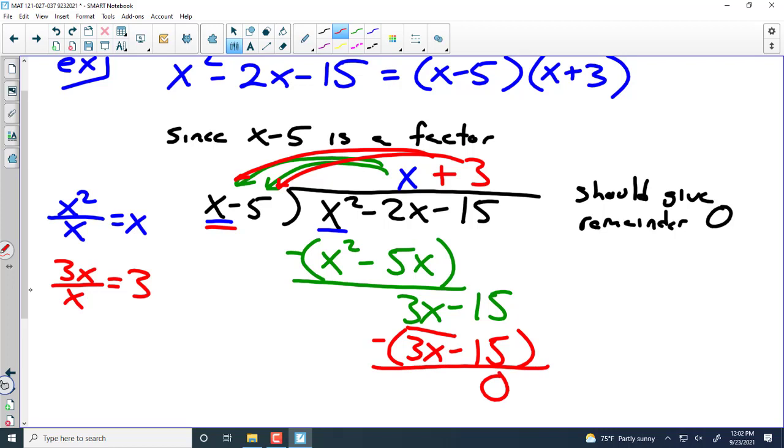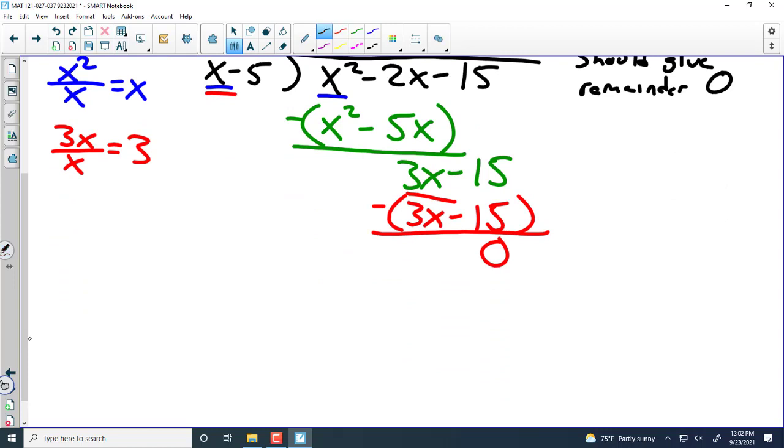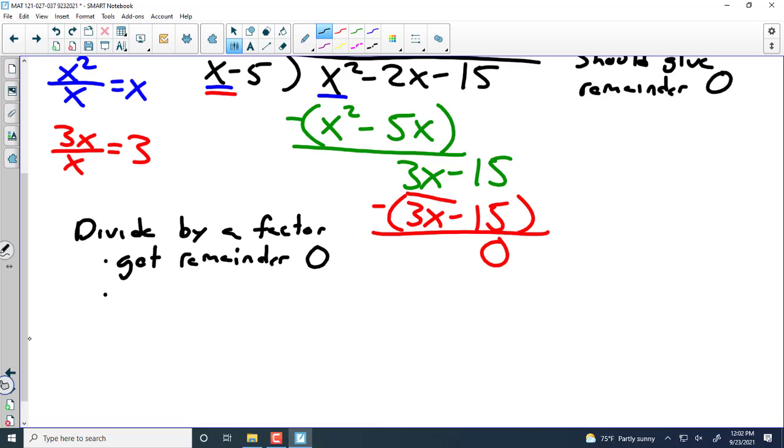Yeah, not only did I get remainder 0, but I got the other factor. So, divide by a factor, get remainder 0, and break down the original function. Not only did I just show that x minus 5 was a factor, but I also got the other factor.